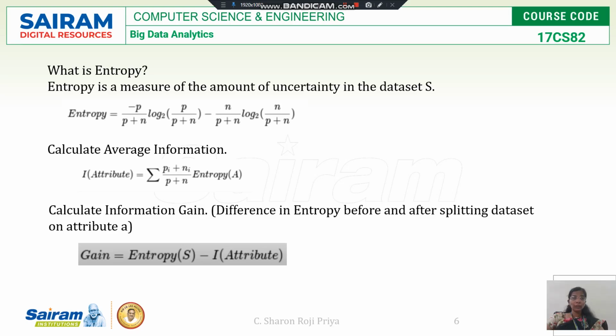So this average information is the summation of the entropy calculated for its categorical values. When you do the sum, you'll understand it better. Then you calculate the information gain. How to calculate the information gain? The entropy calculated for the data set minus the average information for an attribute. That will give you the information gain.